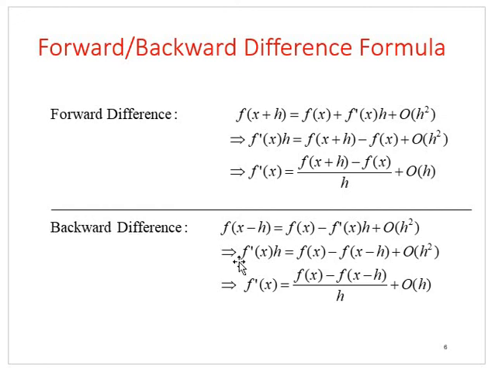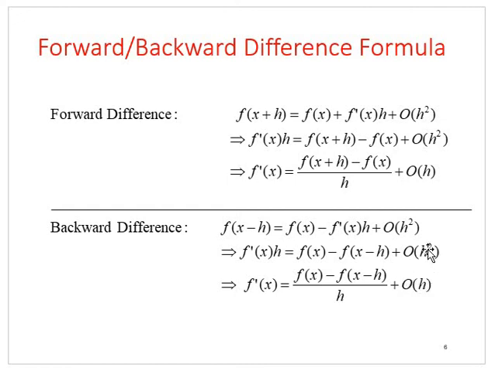For the backward difference formula, you are now computing the Taylor series for f of x minus h, which is given by f of x minus f prime of x h plus the truncation error from this point, and then making f prime of x the subject, which equals f of x minus f of x minus h, everything over h.